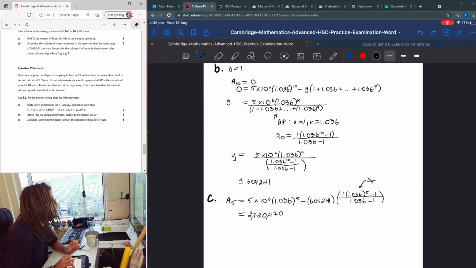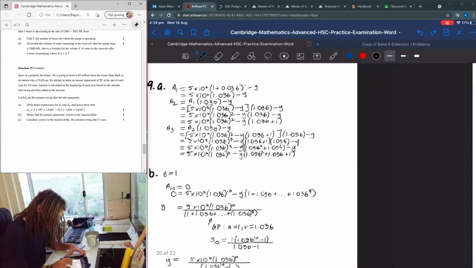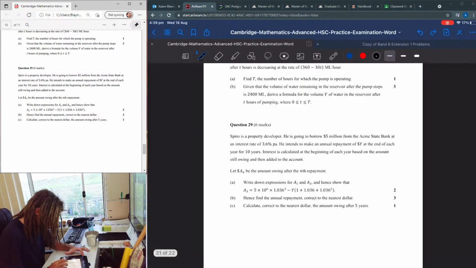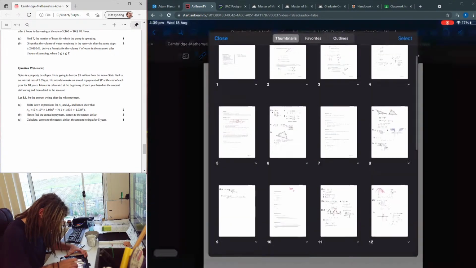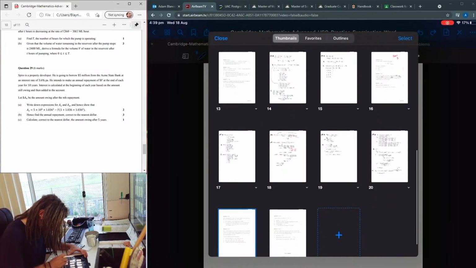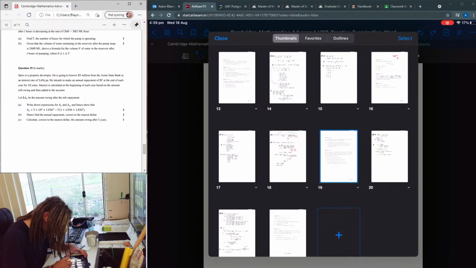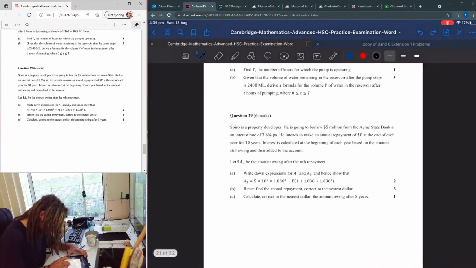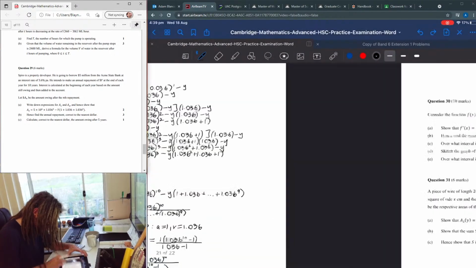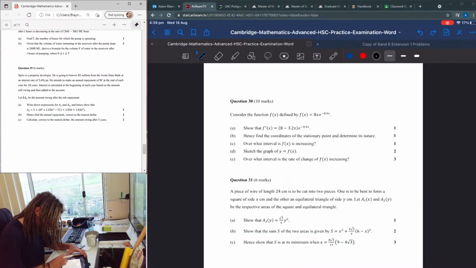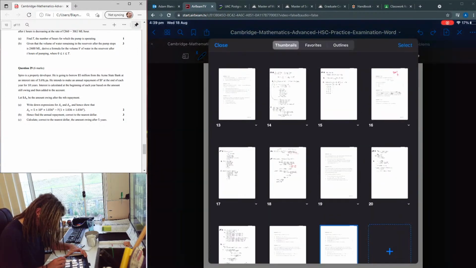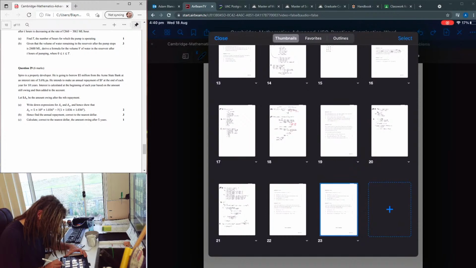Right, 30. Getting there. Oh, that page should be back one. Where's that page? You can go there. That was 28. I've done 29, 28, 29. So I'm up to this. Oops, shouldn't have done that. Oh, I'm up to the last page.